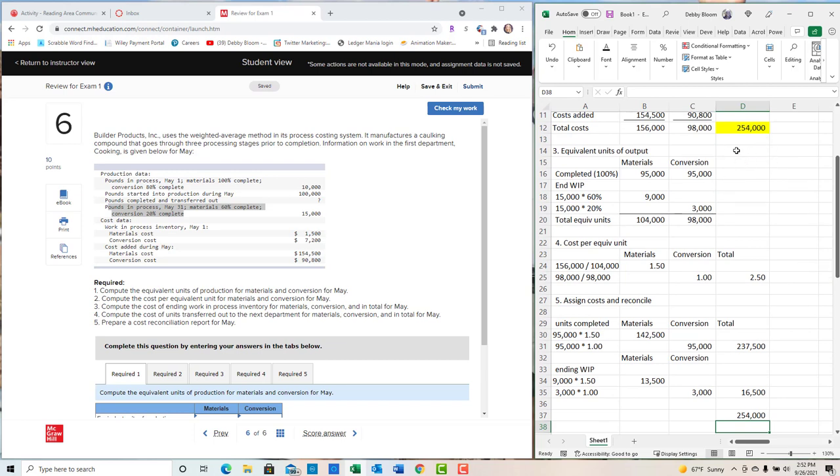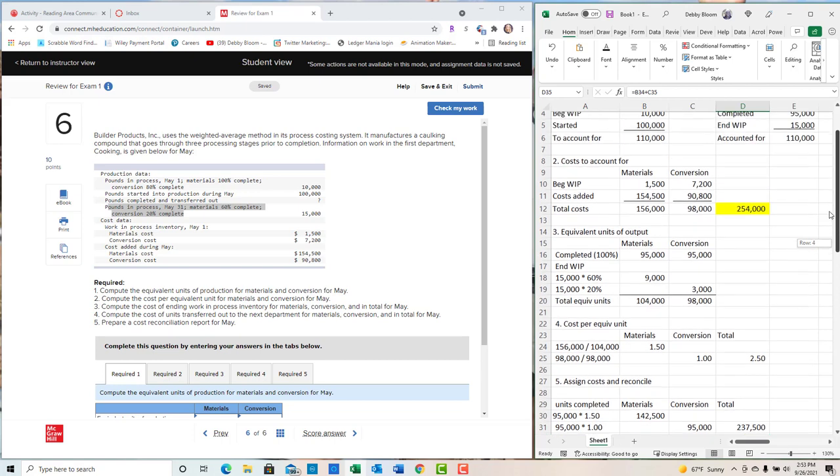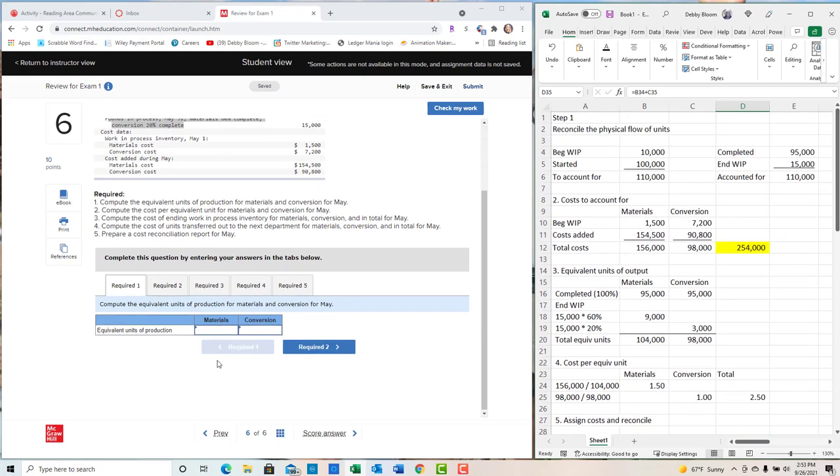So as I said from the start, the whole point of this problem is to decide how much of the 254,000 goes to finished goods. The answer is 237,500. And how much of the 254 goes to ending work in process? The answer is 16,500. Now that we've got everything done, let's just put the answer into the computer.